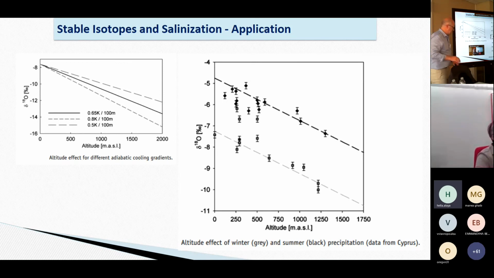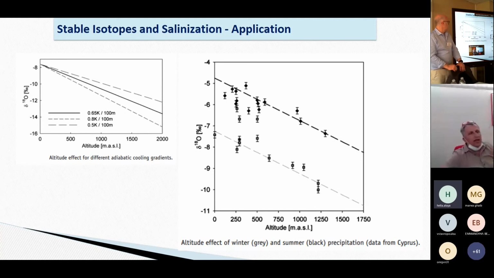Basically you see that if you look at the upper group, there is a dependency of the isotopic composition on the altitude. So there's a kind of band, which means isotope values get more depleted with higher elevation.